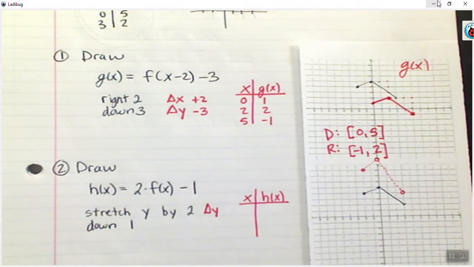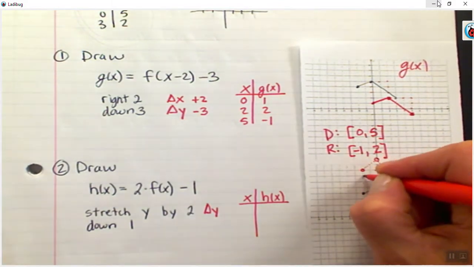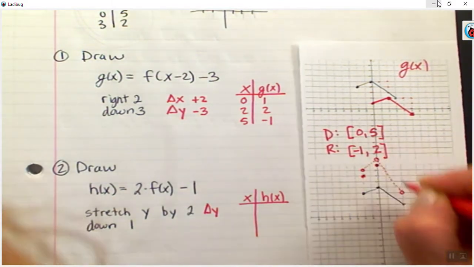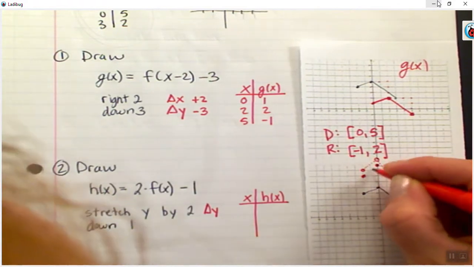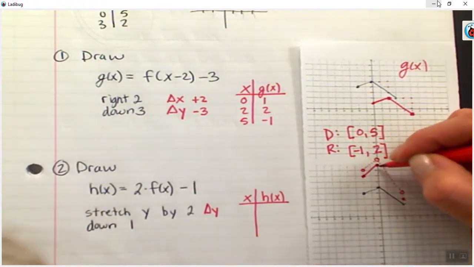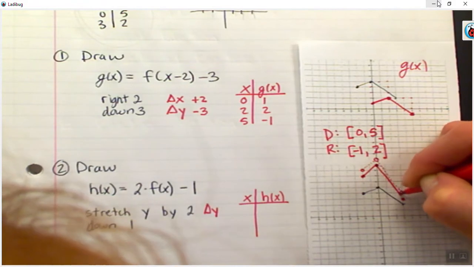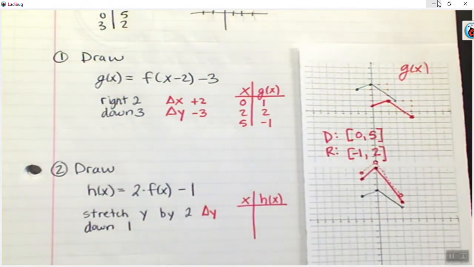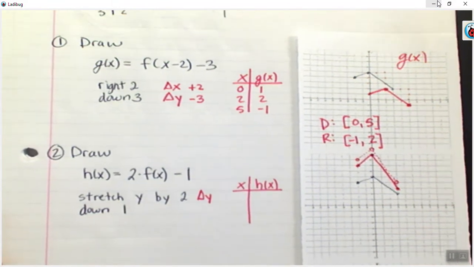Down 1. Stretch by 2, down 1. Take the dotted one and move it down 1. Not parallel anymore because you stretched it by 2.